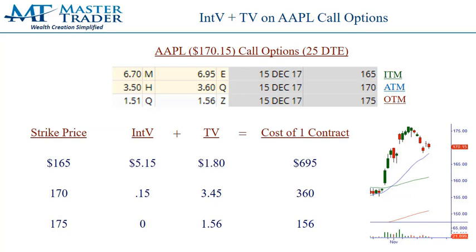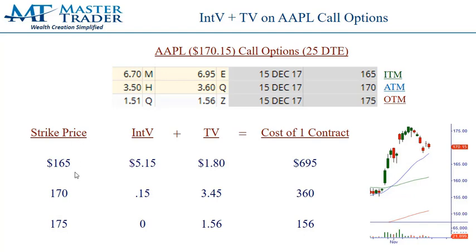You have a coupon to buy Apple at a certain price. So wherever Apple's trading at that point in time, if you have a coupon to buy it a whole lot cheaper, that's intrinsic value. Everything else of the cost of that option is what's called time value or extrinsic value. We're going to be selling that time value is how we profit on these short credit spreads.